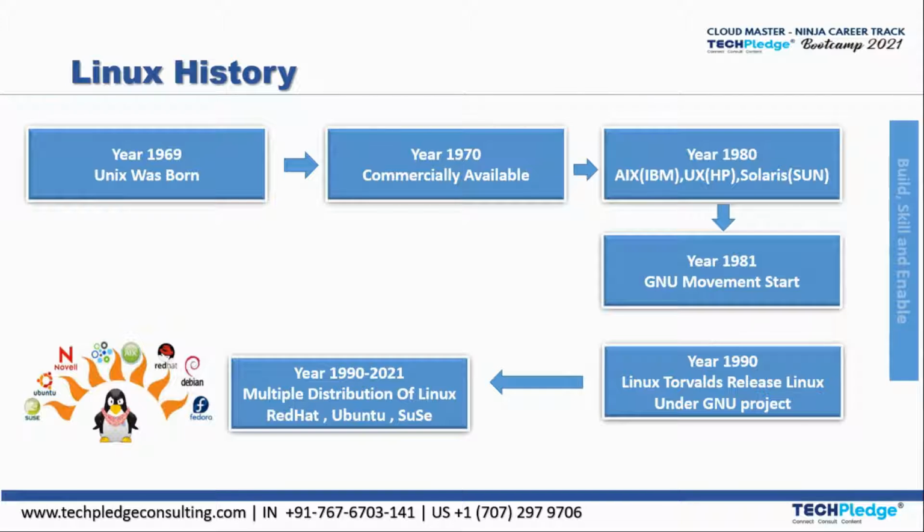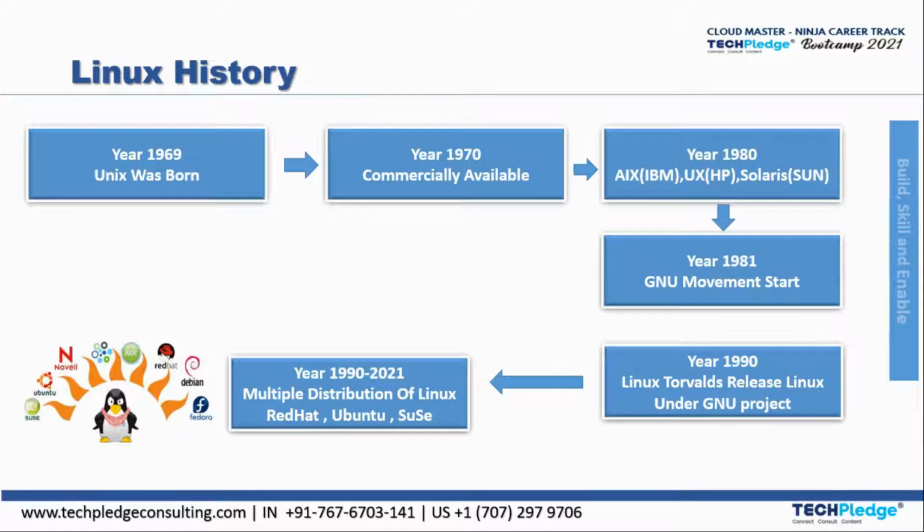So after the GNU movement started in 1981, in year 1990, Linus Torvalds released Linux under the GNU project. So it was made free, it was open source, and it was under a General Public License, open to all. Thus, from year 1990 to the year 2021, we have seen different operating systems.